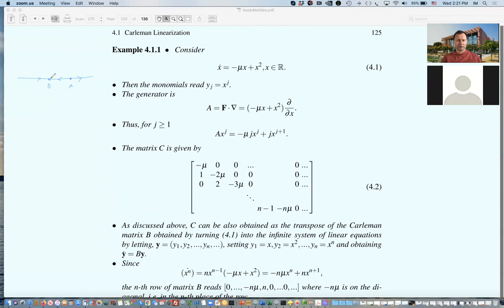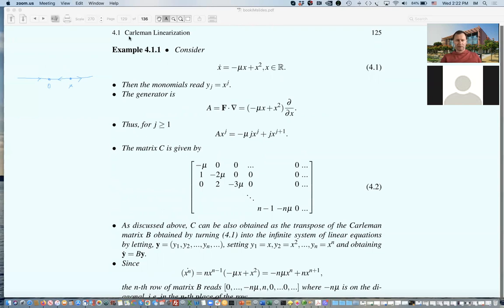The basin of attraction of equilibrium 0 is between minus infinity and mu, not including mu, obviously. And then the basin of repulsion of mu is between 0 and plus infinity. So we have multiple fixed points in this example.